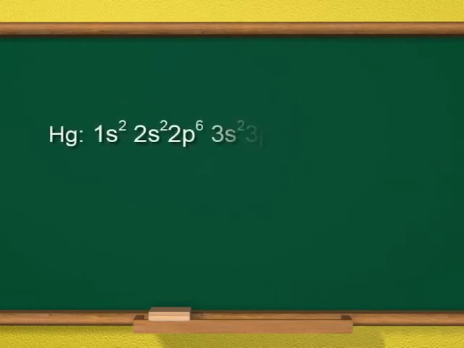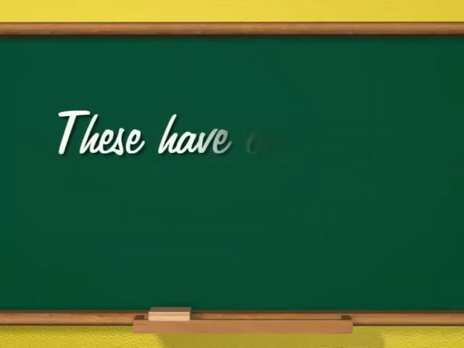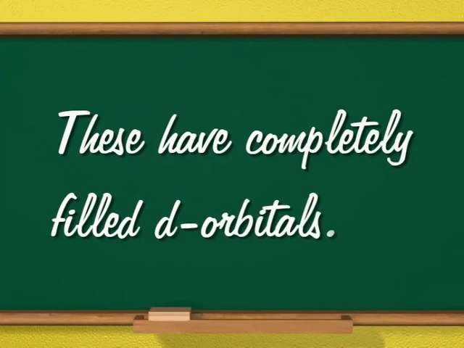Mercury: 1s2, 2s2, 2p6, 3s2, 3p6, 3d10, 4s2, 4p6, 4d10, 4f14, 5s2, 5p6, 5d10, 6s2 or 2, 8, 18, 32, 18, 2. These have completely filled d orbitals.